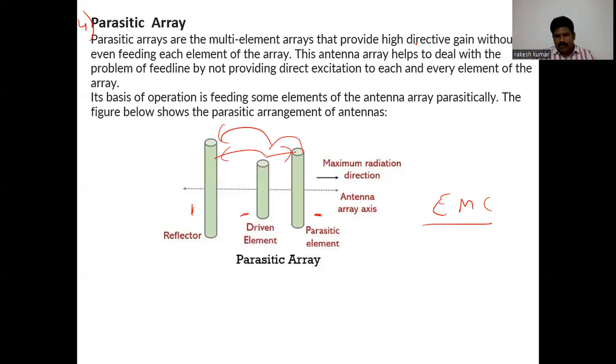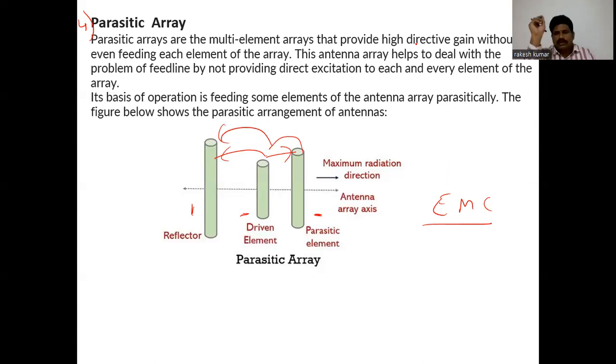So up to now, in the previous cases, for each element I want to provide a supply current, but here if I provide current or supply to one element, that element makes the other element excite, and that element makes the other element excite. That process is nothing but electromagnetic coupling.